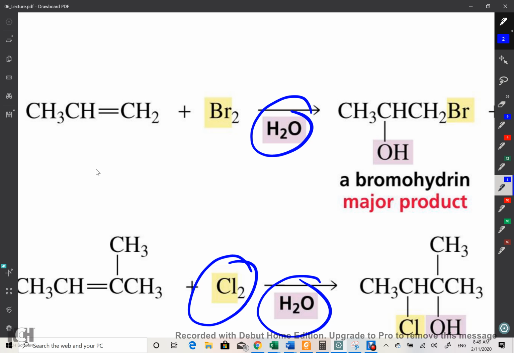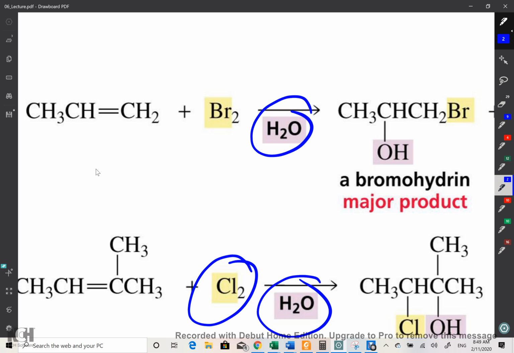So when you look at that, and you look at the product, what can you tell me? Where do you add the OH? You add the OH on the carbon with fewer hydrogens. Does that make sense?